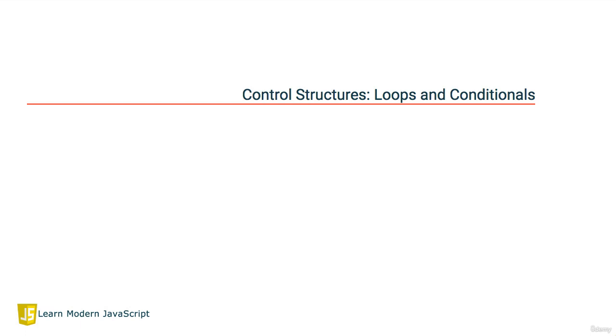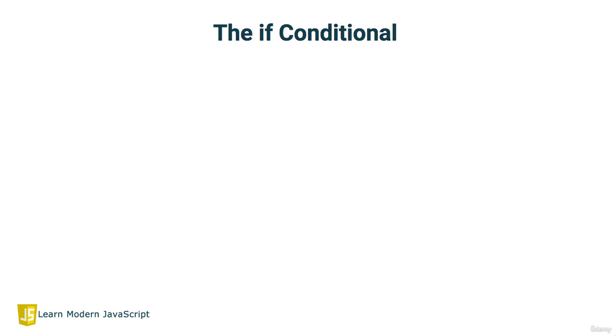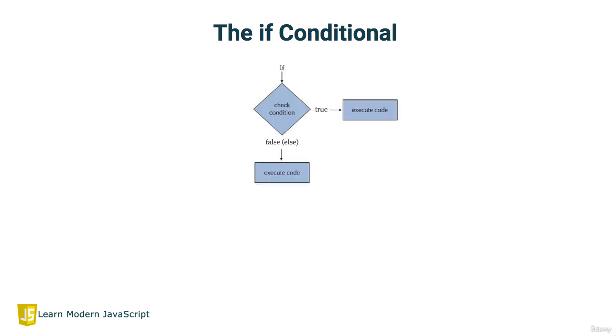Let's first introduce the if conditional. We're going to take a look at a diagram first that describes how it works. The if conditional begins with the word if. It then checks a condition to see if some variable is equal to some value, or greater than some value. Basically, it determines whether something is true or false.